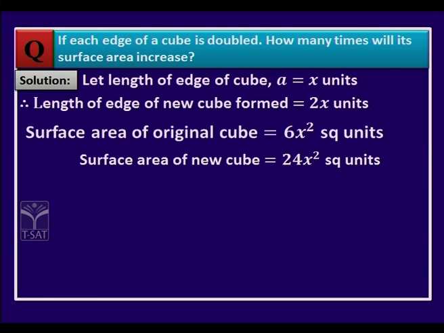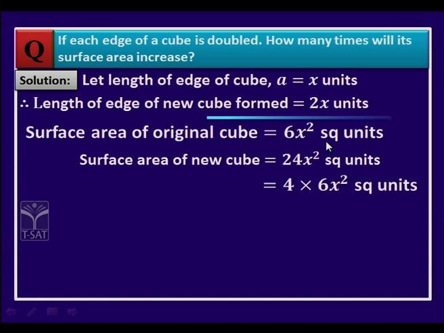Got it? Now, what we need to do? I am going to convert this as 4 into 6x square. I am writing 24x square as 4 into 6x square, because you get the same answer, right children? 4 into 6, that is 24x square. But why are we writing like this? Because if you notice here, 6x square is nothing but the surface area of the original cube, the first cube.